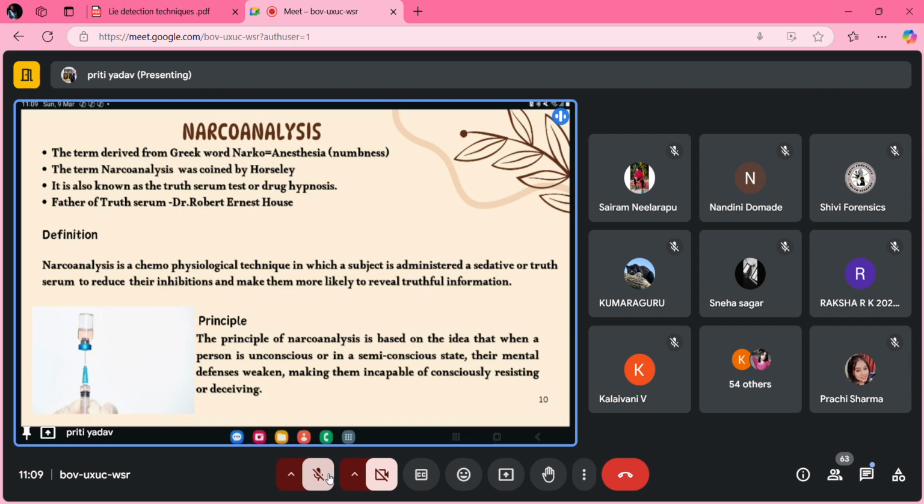Narcoanalysis, also called a truth serum test, involves injecting drugs like sodium pentothal to put the individual in a semi-conscious state, or we can also say twilight state, and then asking a series of questions. The principle is that an unconscious or semi-conscious mind cannot deceive, but again, it is controversial and has ethical concerns.